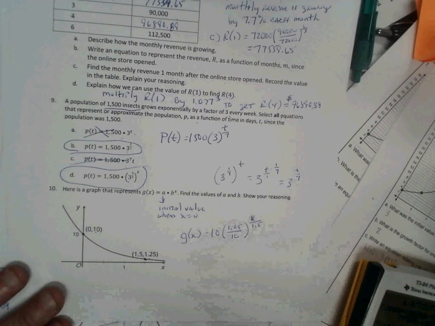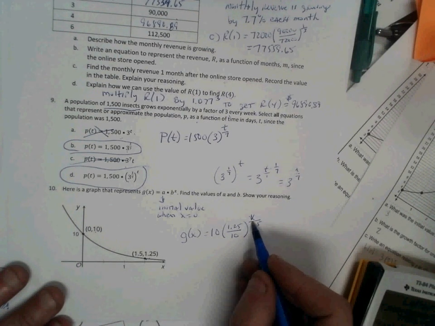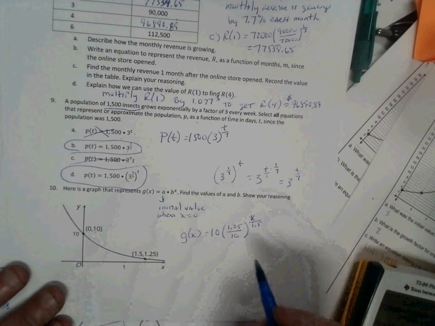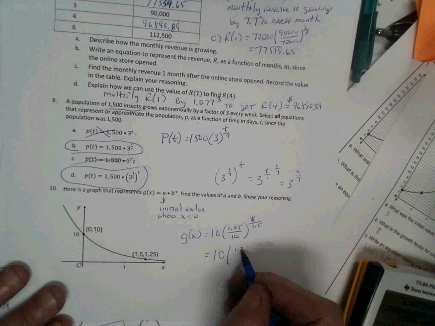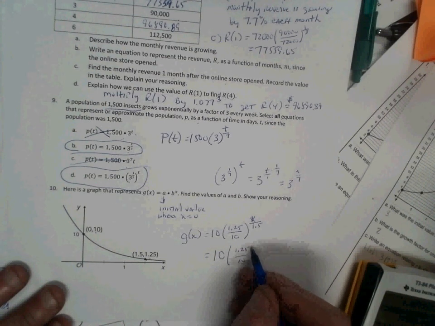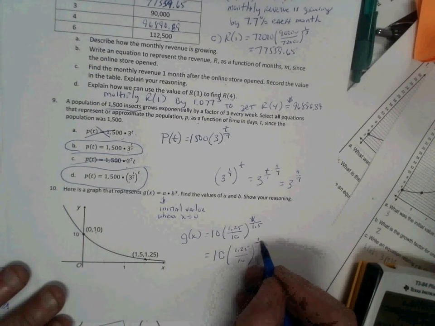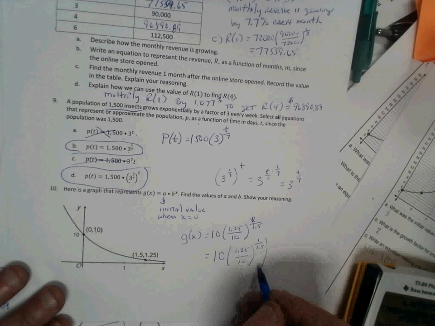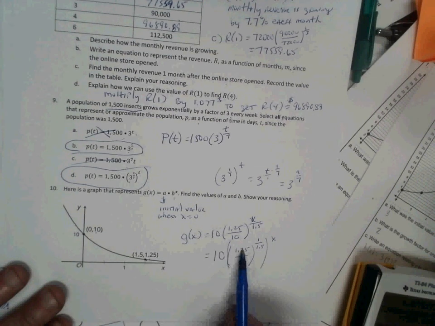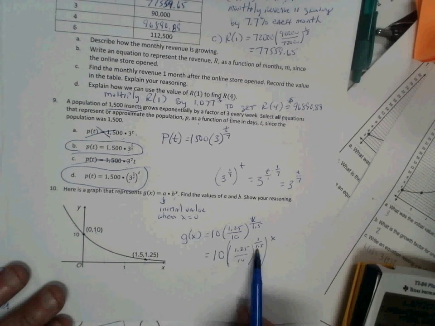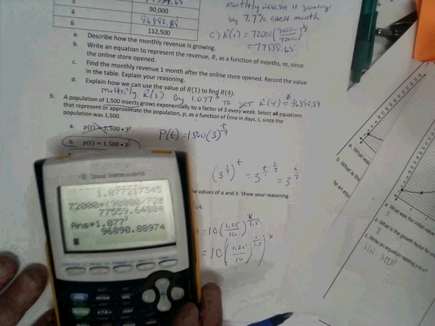That's almost what we want. But we just have to have an x up here. So we have to write this as 10 times 1.25 over 10 raised to the 1 over 1.5, and that's all raised to the x. So our b is going to be this value raised to the 1 over 1.5.